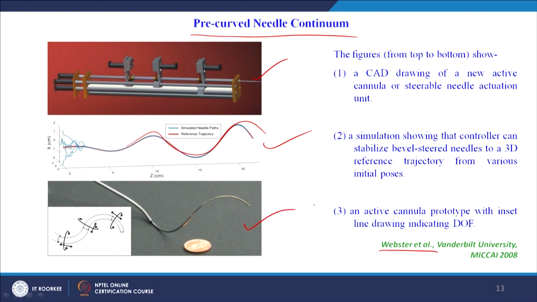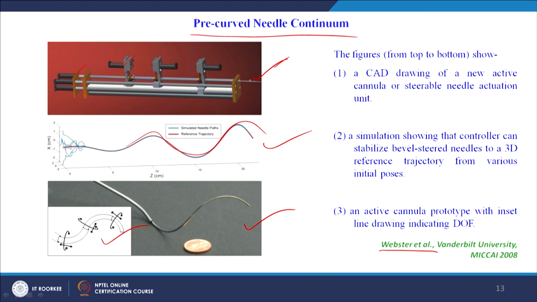Similarly, figure 3 shows the prototype of the active cannula, with the schematic shown in the inset line drawing indicating the degrees of freedom. This system has 6 degrees of freedom. It has 3 concentric tubes. For each concentric tube there are two motors, one for translating it forward or backward, and one for rotating or spinning that tube.